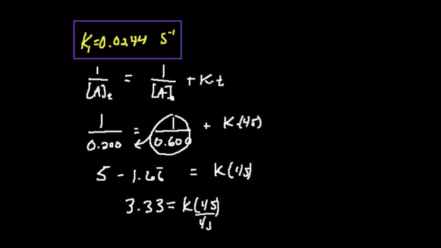So now we're going to divide both sides by 45 and get the magnitude of the second order rate constant. K second order is 3.33 divided by 45, and this rate constant is about 0.0741.